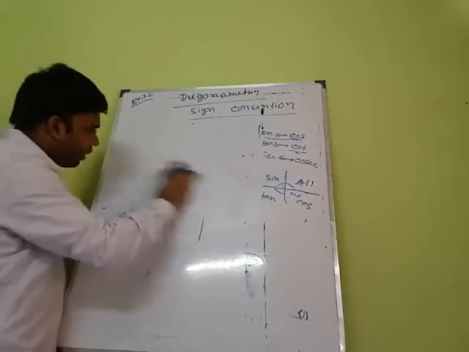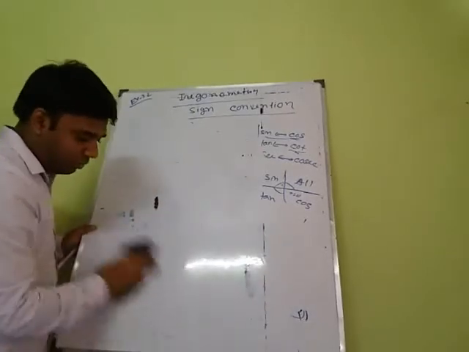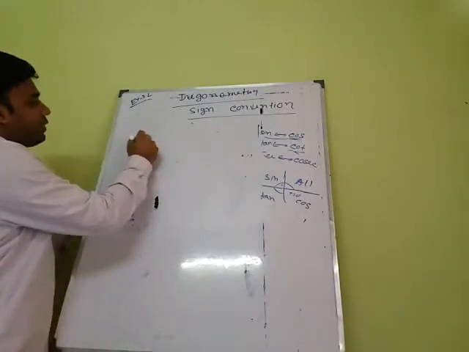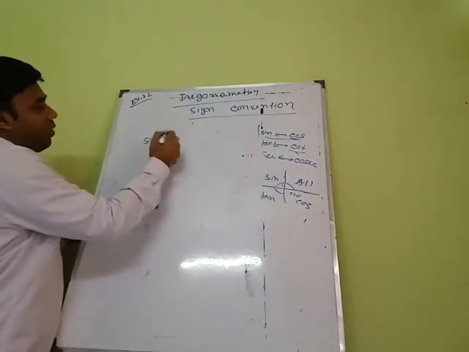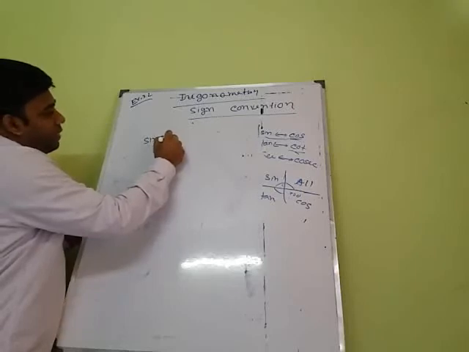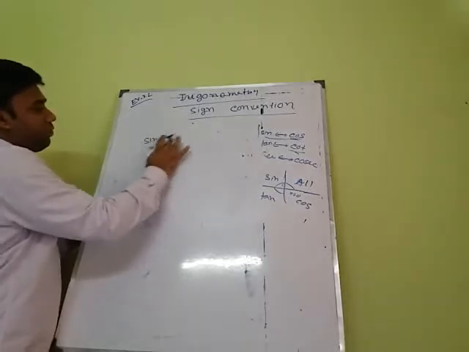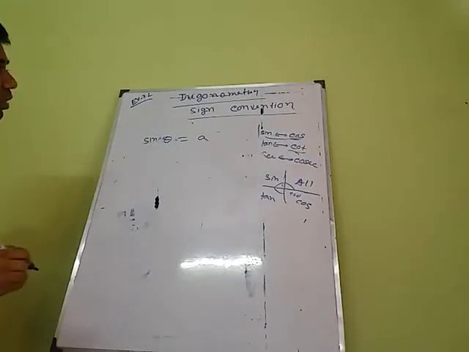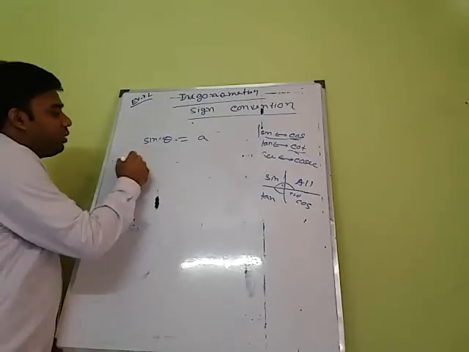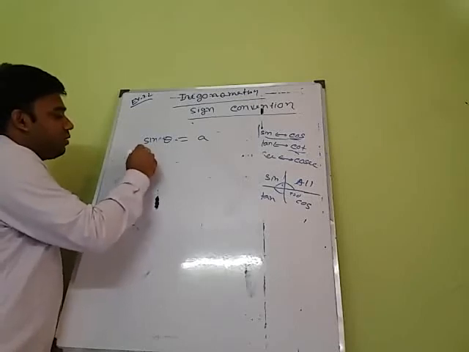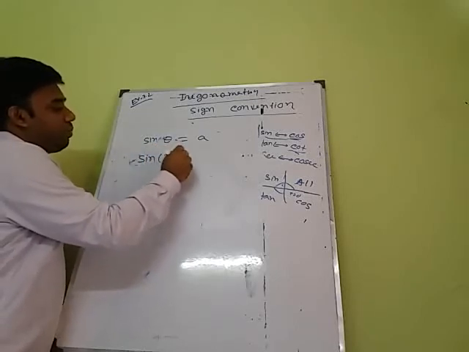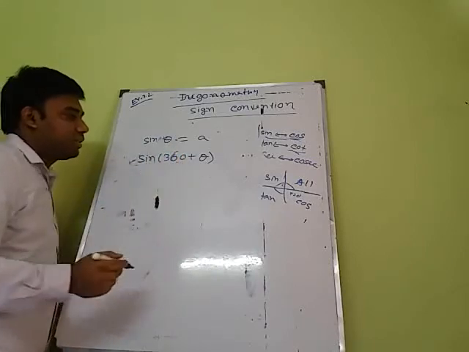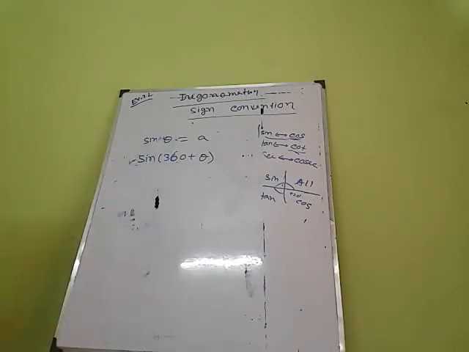Okay. Now one thing: if sine theta is equal to a, what will be the value of sine of 360 degree plus theta?